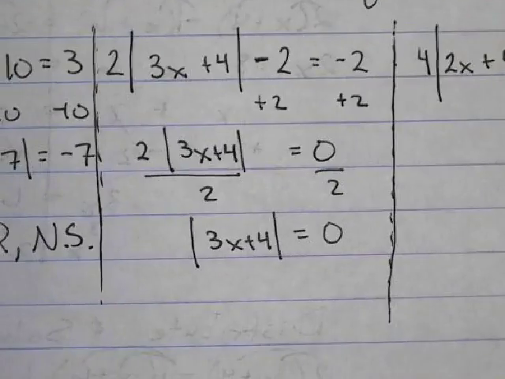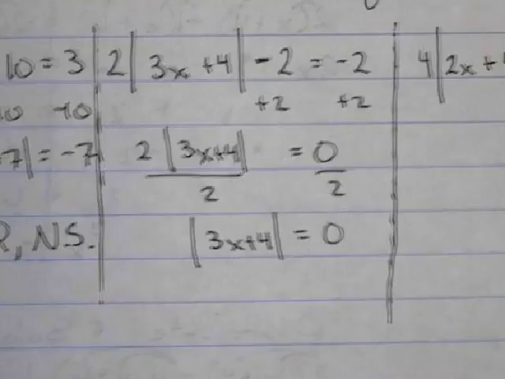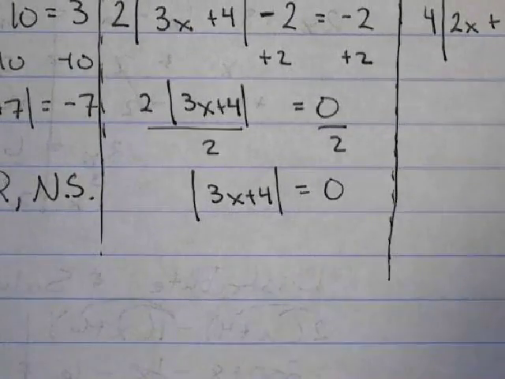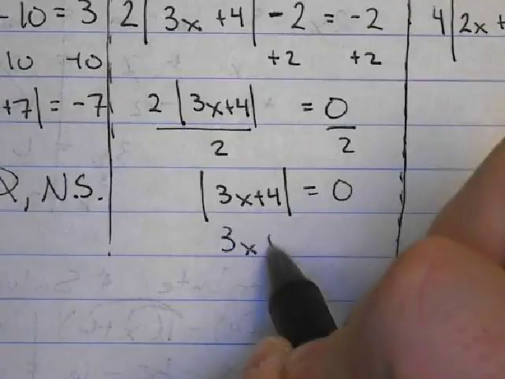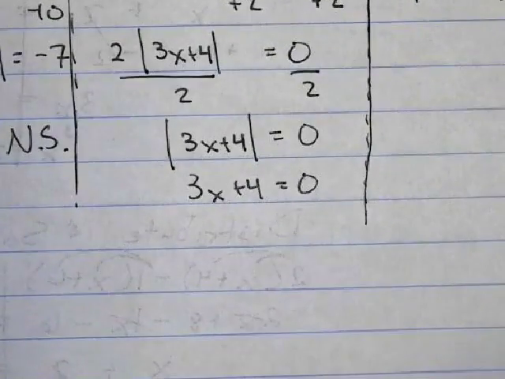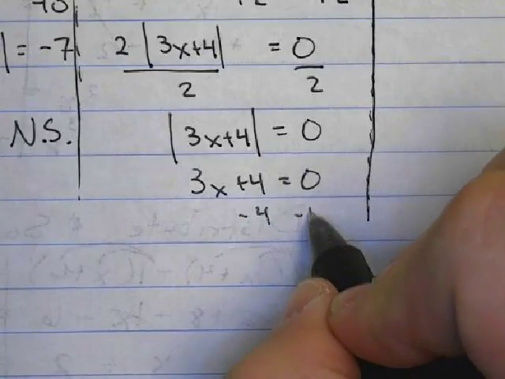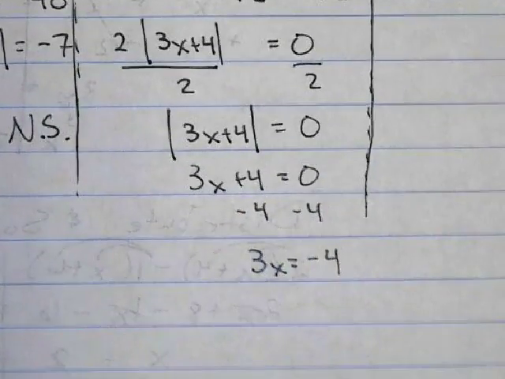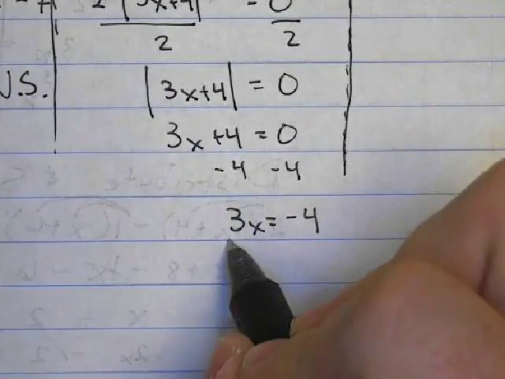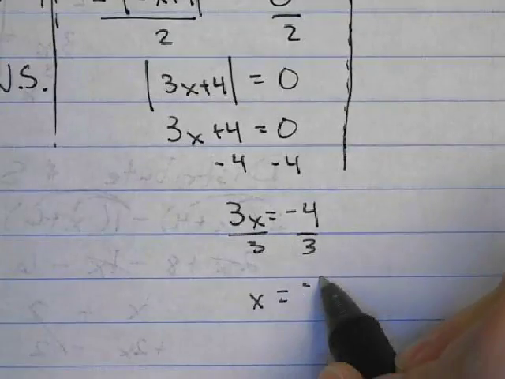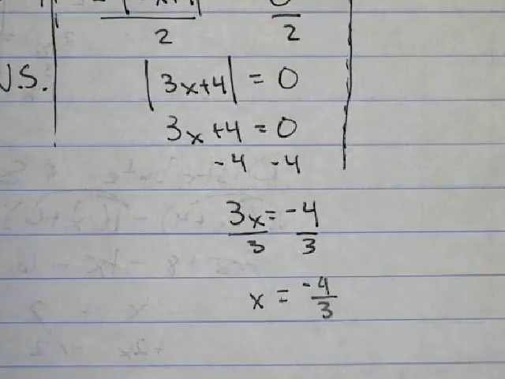When I have an absolute value equal to 0, I know that I'm only going to have one solution. So we can drop the absolute values, and we're just solving 3x plus 4 equals 0. Subtract 4 from both sides, so we have 3x equals negative 4. Divide both sides by 3, and we get x is equal to negative 4 over 3.